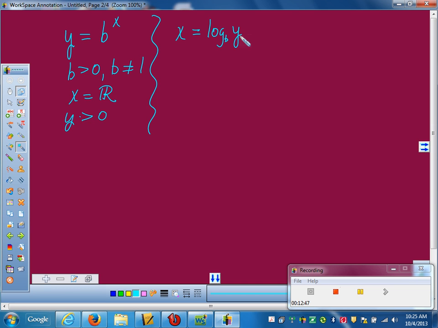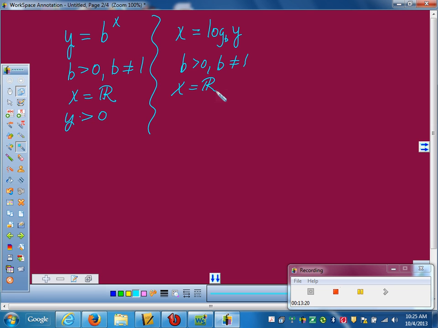What I want you to notice is what happened here. If my base before had to be positive, on a log your base still has to be positive, and it can't be 1. These rules still apply. But x can still be a real number, so a logarithm can come out equal to any number you want.